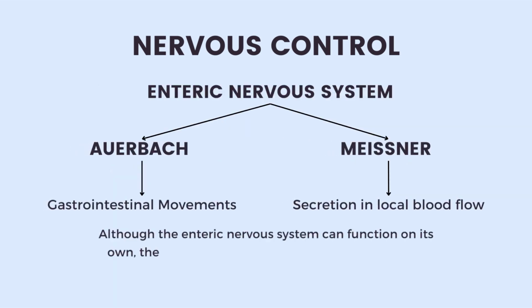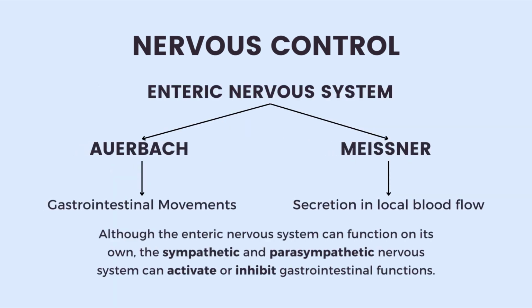Auerbach's plexus mainly controls gastrointestinal movements, and Meissner's plexus controls secretion and local blood flow. The enteric nervous system can function on its own, but is influenced by the autonomic nervous system. For example, the sympathetic nervous system inhibits gastrointestinal functions, and the parasympathetic nervous system activates gastrointestinal functions.